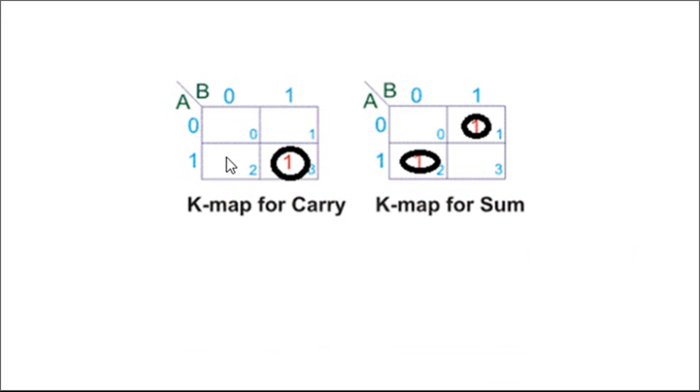So A is 1, B is 1, and that 1 is independent. There is no chance of any remaining values, the default is 0. So we are making individual groups. So its value for the carry is A into B.